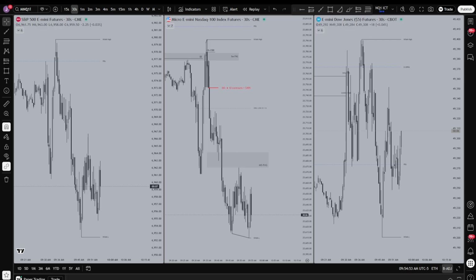I see. Look where this 4 hour is. It just looks like we're gonna go through all the lows. Solid candle down.